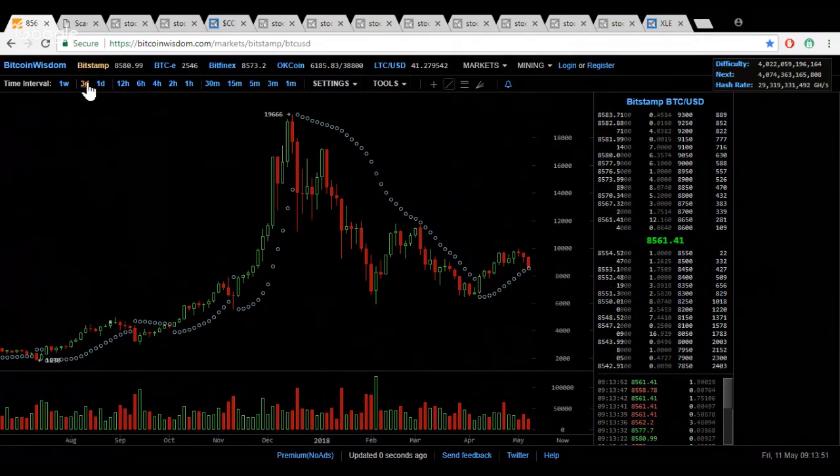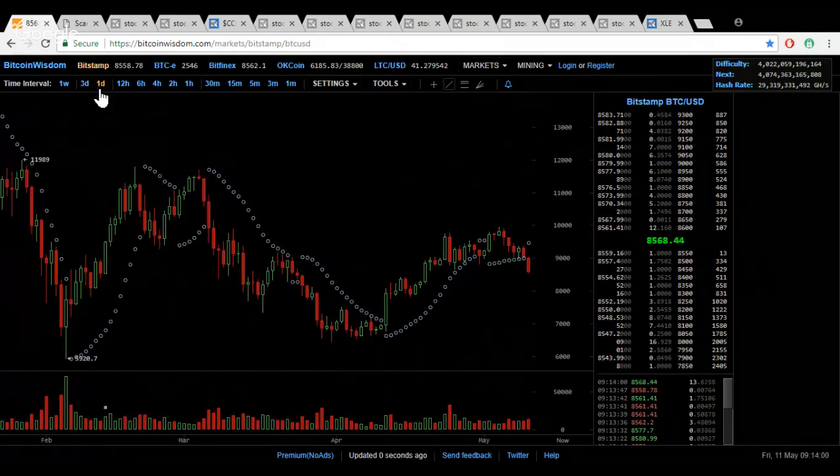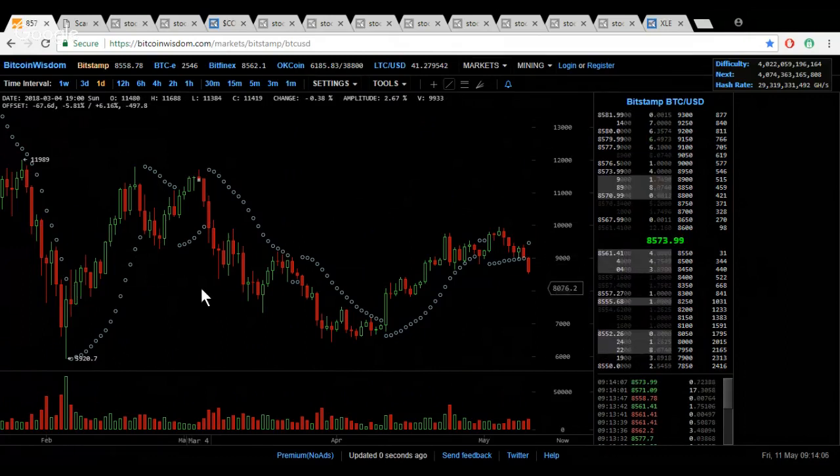Let's go to the 1-day. The 1-day again is chopping through the stop and reverse points fairly frequently.